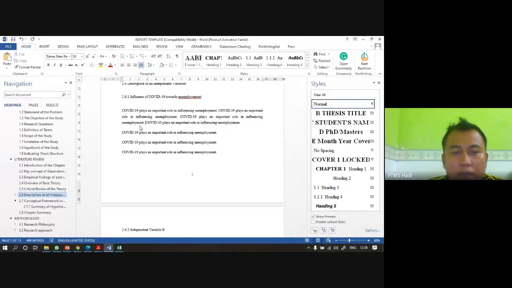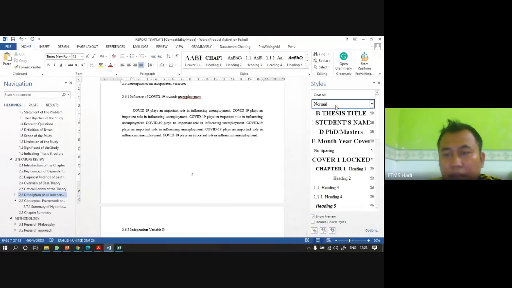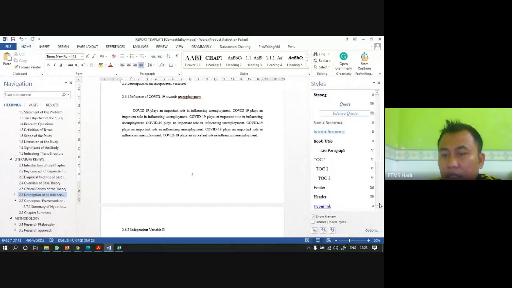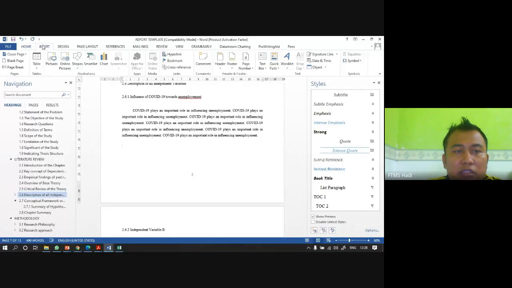But if possible, go for paragraph, because the spacing is already adjusted for you. Something like this. If you want to type, click normal. If you want to go for a table, insert table as usual.